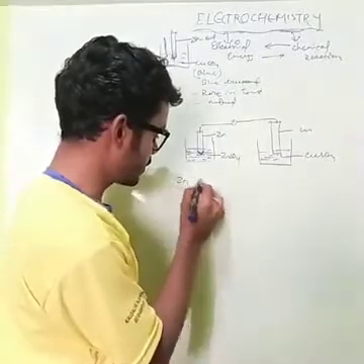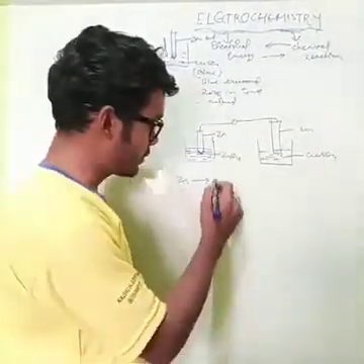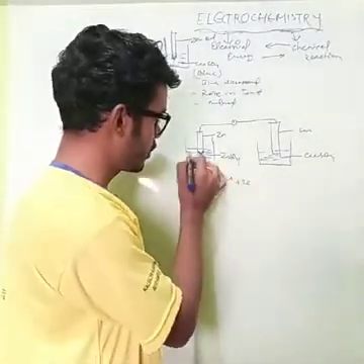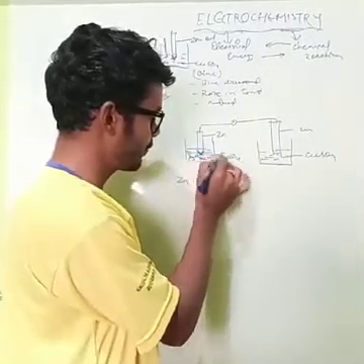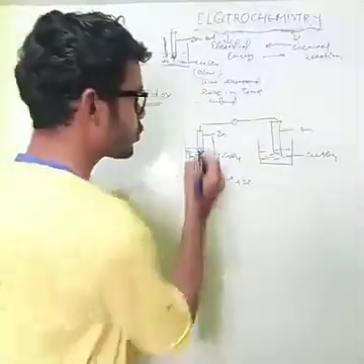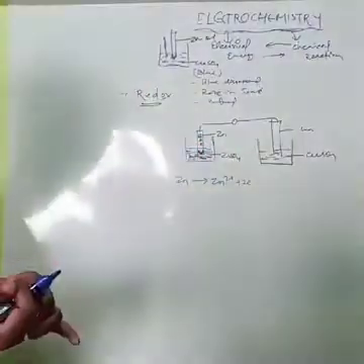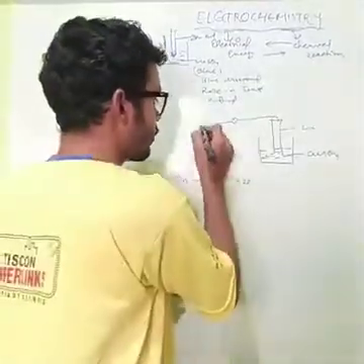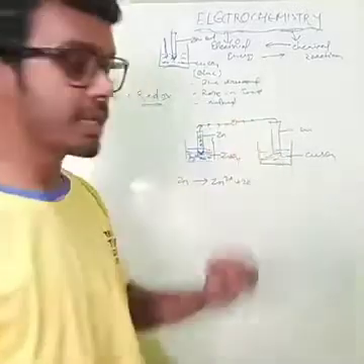What will be the reaction? The zinc rod dissociates to Zn2+ and 2 electrons, and these electrons remain in the rod. Since it is connected, they start flowing towards this end.